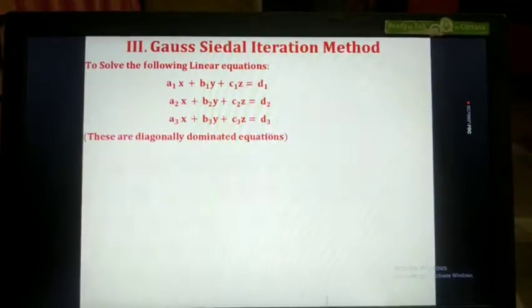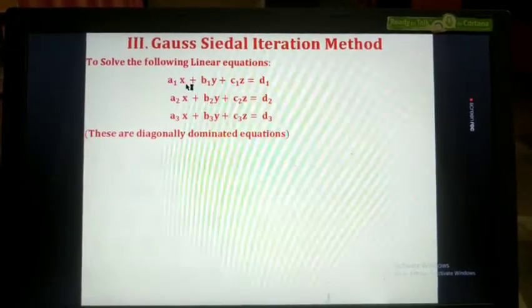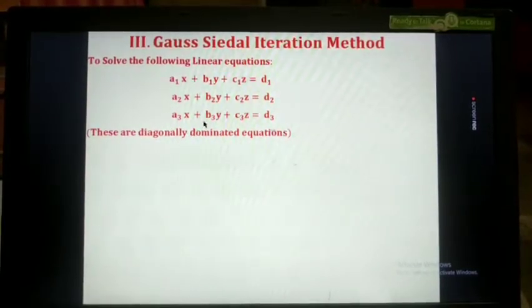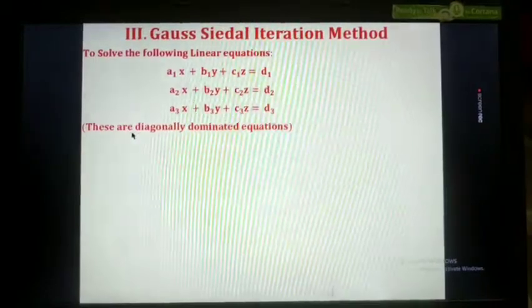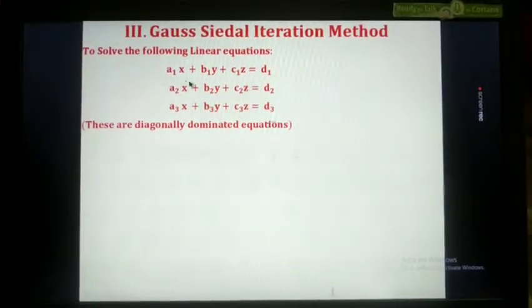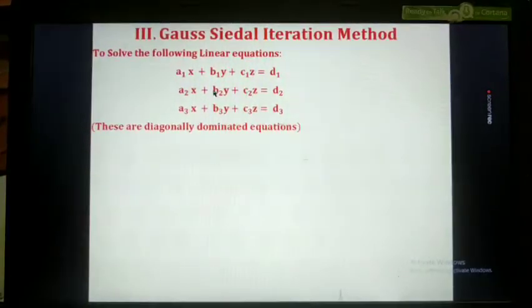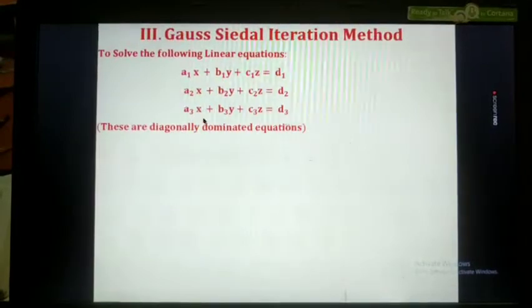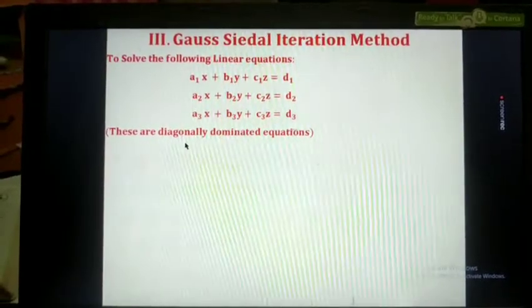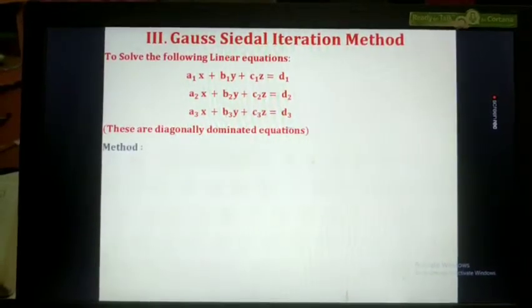One must remember this Gauss-Seidel method is mostly used whenever the diagonal elements have more weightage than the remaining elements. These are diagonally dominant equations. Diagonal means A1x, B2y, C3z: the values A1, B2, C3 are more than their remaining coefficients. That will be clearly understood when you solve the examples.